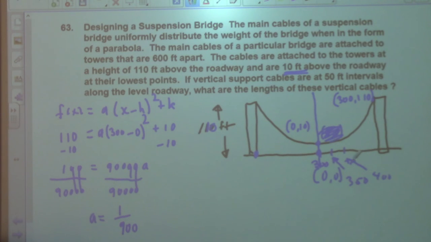But really, since we have the thing oriented like we do, we have to write it instead as 50, 100, 150. How do you know that? Because they're at 50-foot intervals. Yeah, we gotta go 50 feet apart. That's 150, 200, 250, and 300.